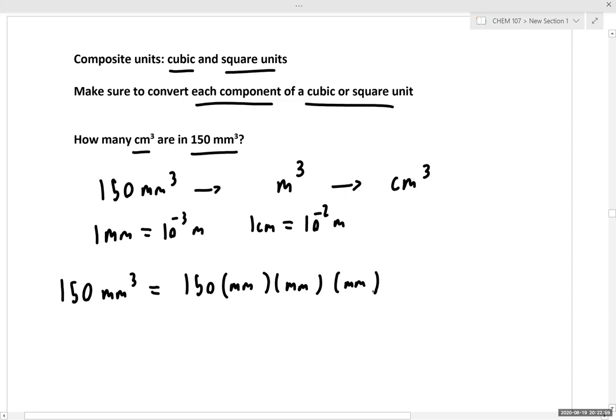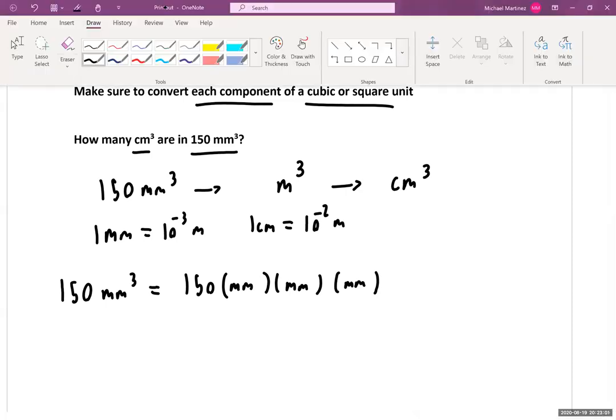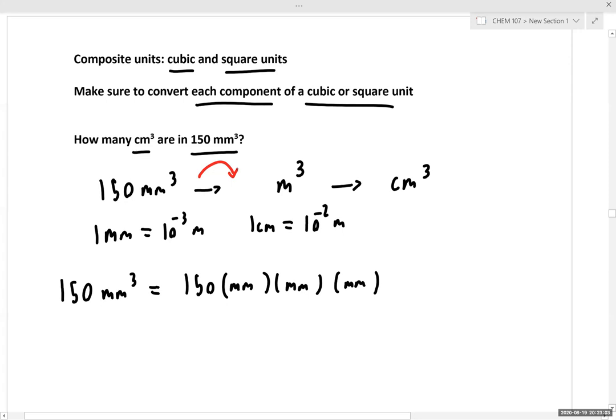Okay? And now, if I wanted to go from millimeters to meters, what units do I need to have on top? Meters. So I know I have 10 to the negative third meter per 1 millimeter.